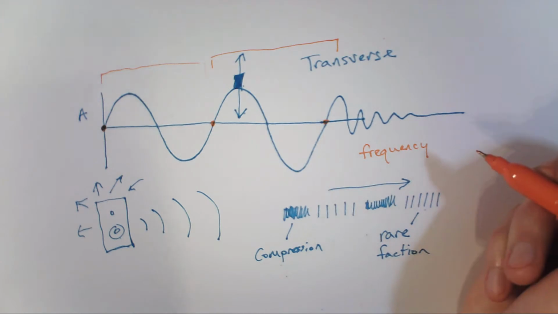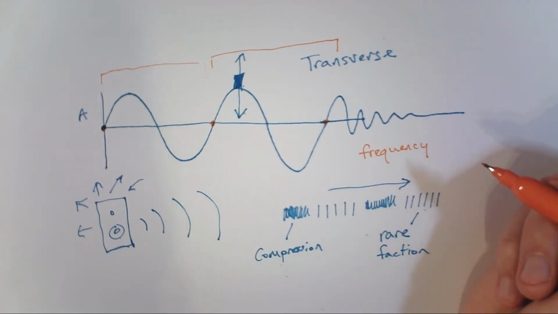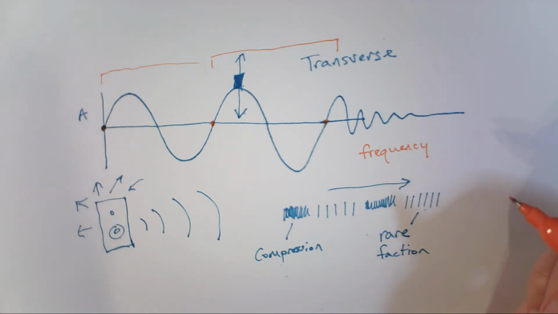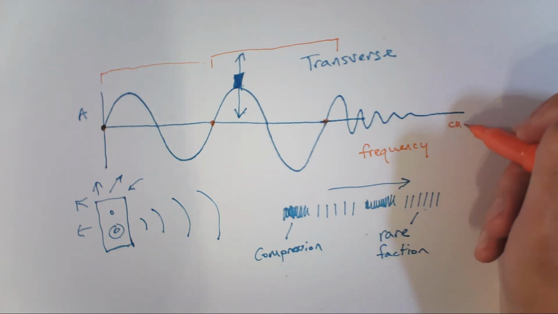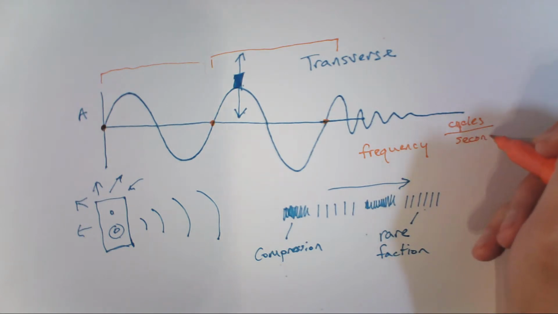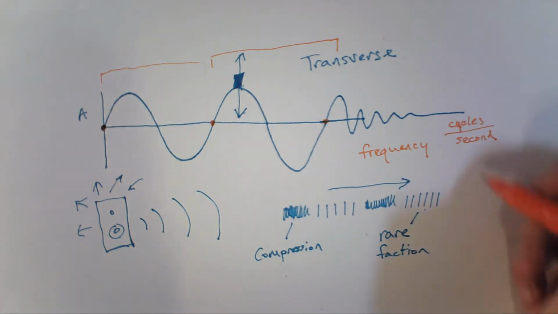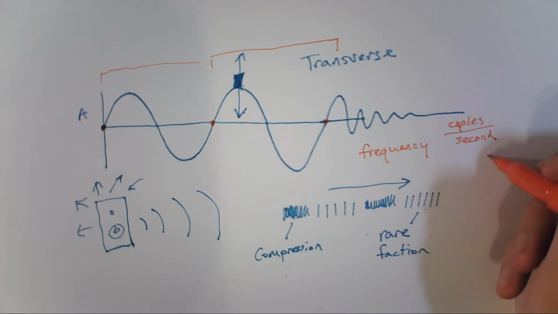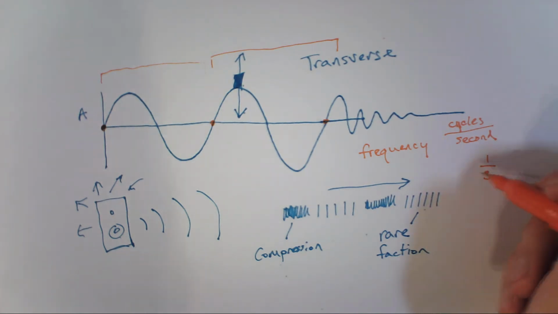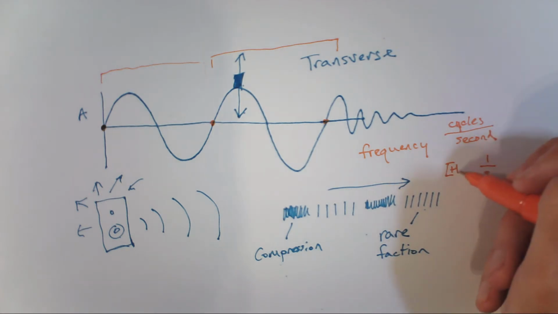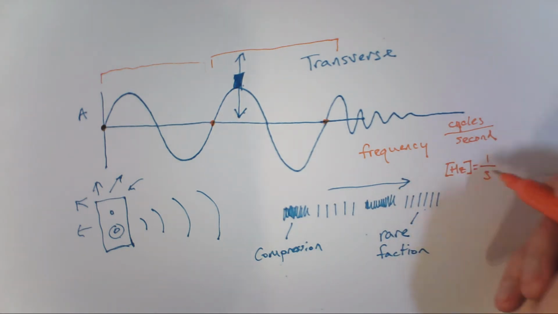Frequency. Do you go out to dinner often? Yes, we go out pretty frequently. It happens often. Frequency. And that is measured a certain way. It's usually measured by something of cycles per second. Or you might see 1 over seconds, which is in fact equal to something you've probably heard before, hertz.